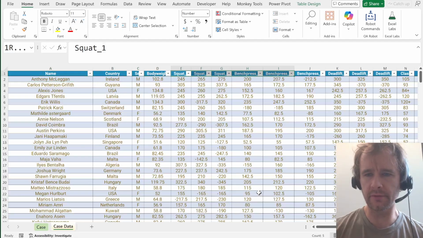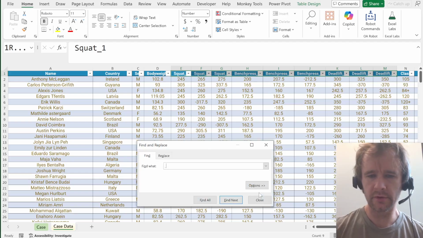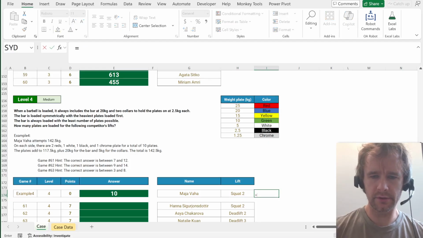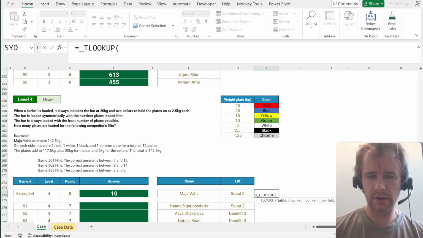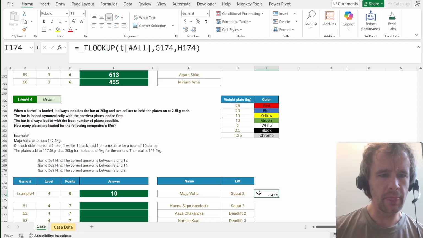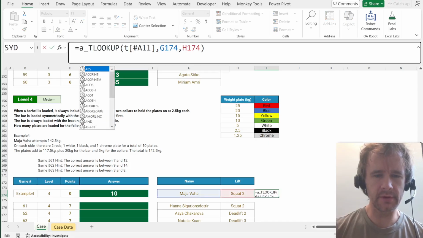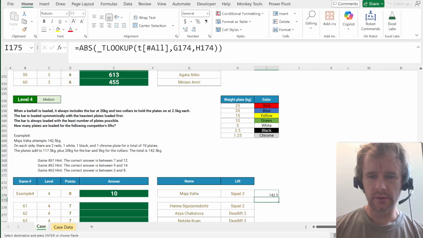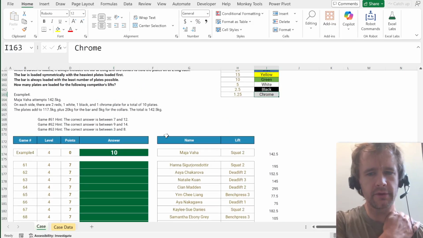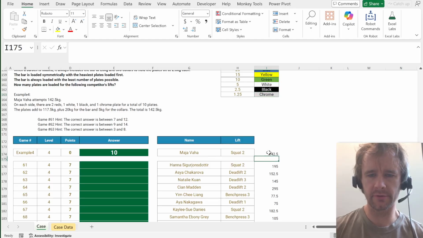All right, I guess I can remove these underscores now, so I can TLOOKUP in T hash all this name and this lift. Okay, and then I want abs of that. All right, and then the bar and the two collars come to 25, so say minus 25.